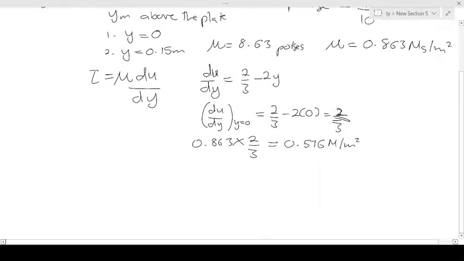Now it says we should find the shear stress when y is equal to 0.15 meters.